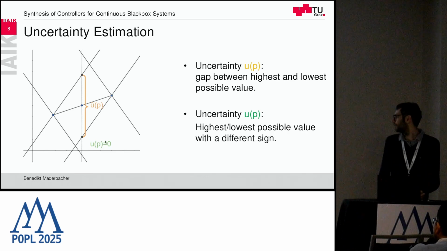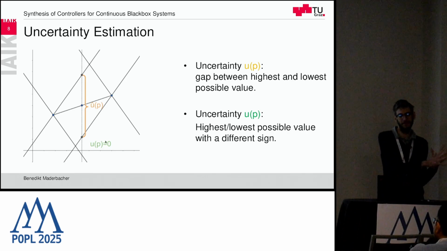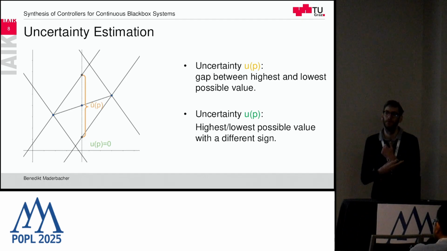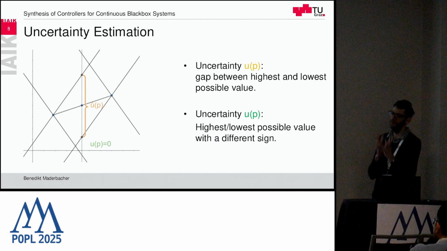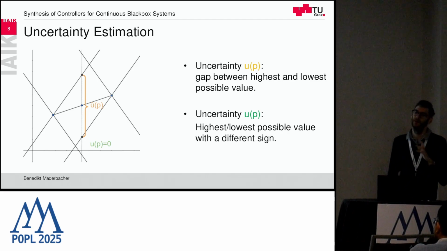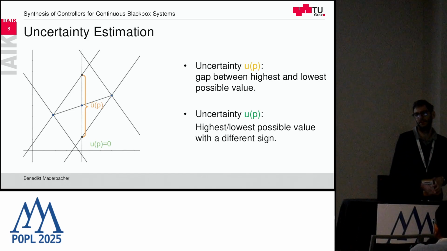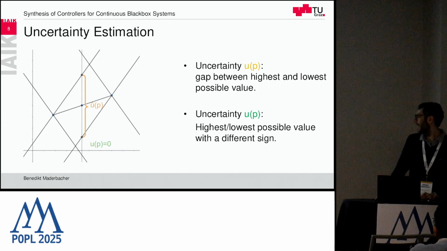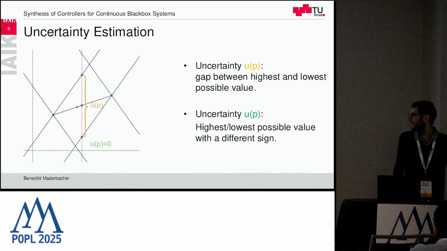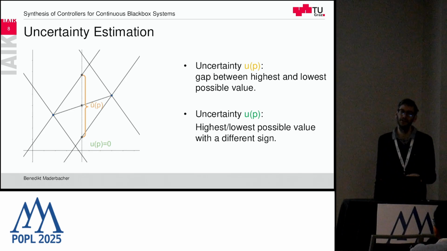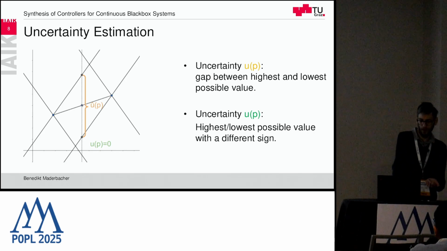And the other, green one, which already takes into account the information we have from our current model, tries not to estimate just how large the gap is, but in some heuristic way, how likely it is that a positive point will be classified as negative, or that a negative point is classified as a positive point. And for that, we're using, on one hand, the sign of the point we want to estimate, and then we look, since this is a positive point, at how negative the function could actually be at this point.